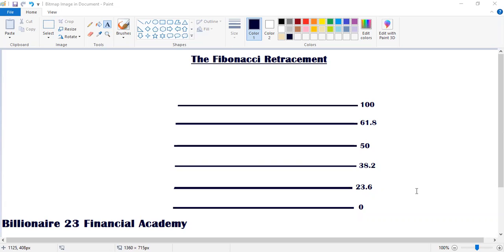So what is the Fibonacci and what is it used for? Basically, the Fibonacci tool gives you a chance to re-enter the market if you missed the first move. So let's say, for an example, you had price moving up like that.